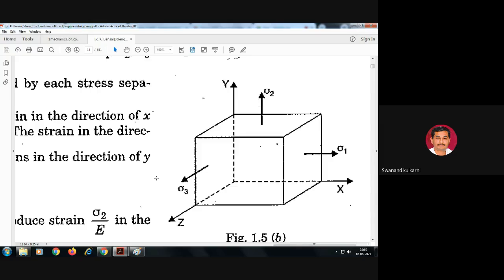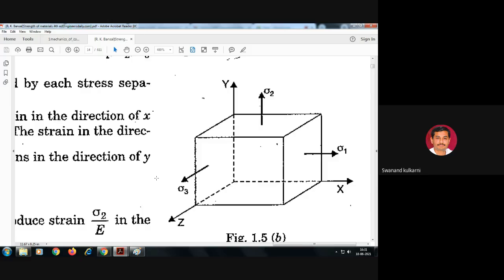Whenever we calculate the strains in all three directions, if we consider only a uniaxial system, then there will be no relevance of transverse directional forces on the longitudinal direction.